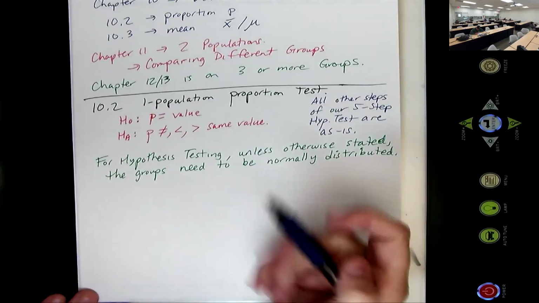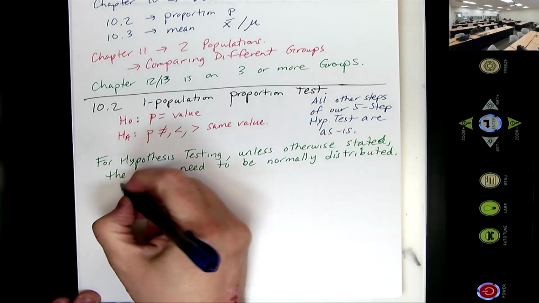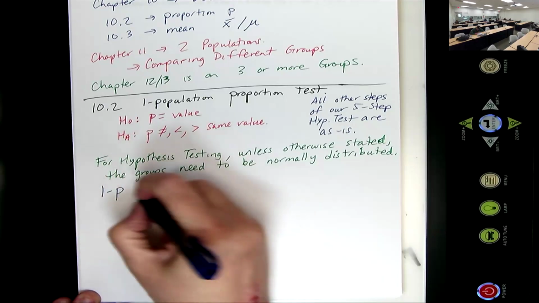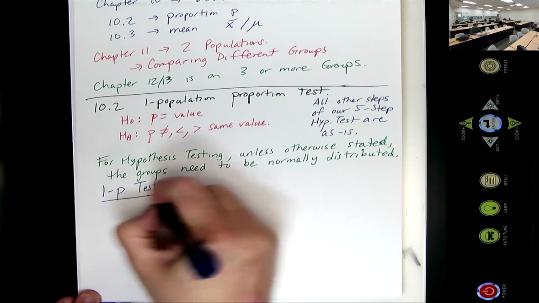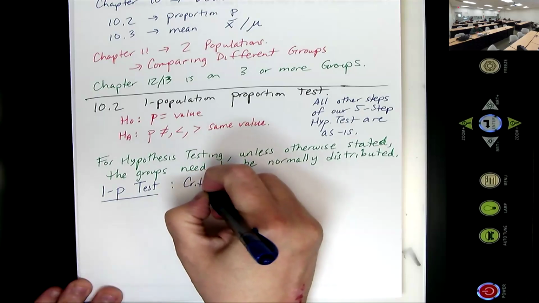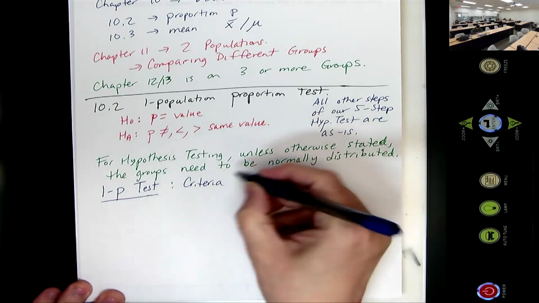For a one population proportion test, or what I like to call the 1P test, we've talked about these criteria before.